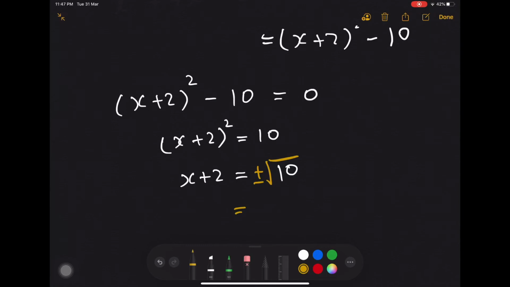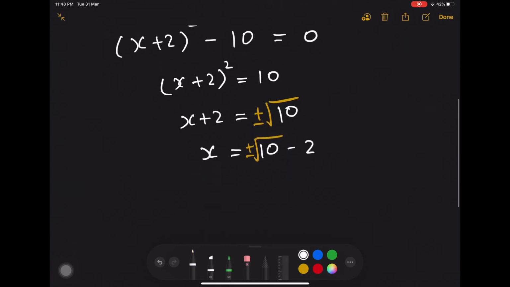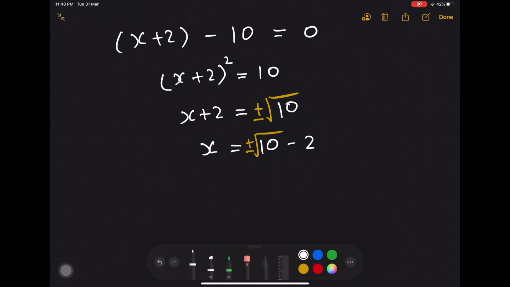The next thing is to shift the plus 2 over to the other side, so minus 2. Press the calculator, so x is equal to square root 10 minus 2, or minus square root 10 minus 2. There you go, you have the two solutions.